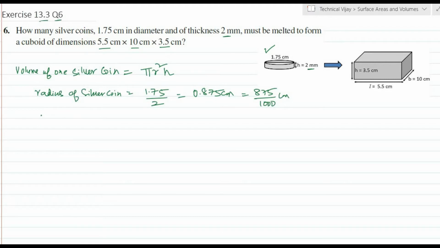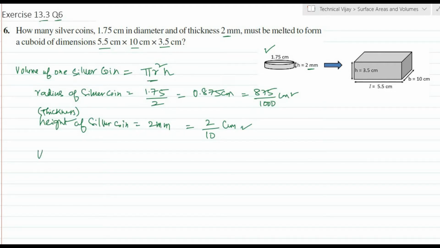Here the height of silver coin, or thickness, both are the same. So height of silver coin is 2 mm. This can be converted into centimeter: 2 divided by 10 centimeter. So this is in centimeter and this is also in centimeter. Now we will substitute here.